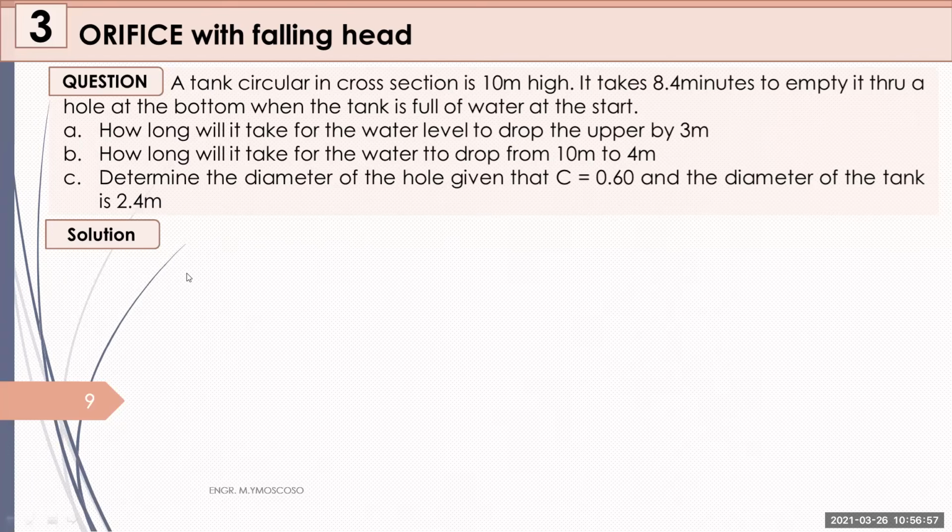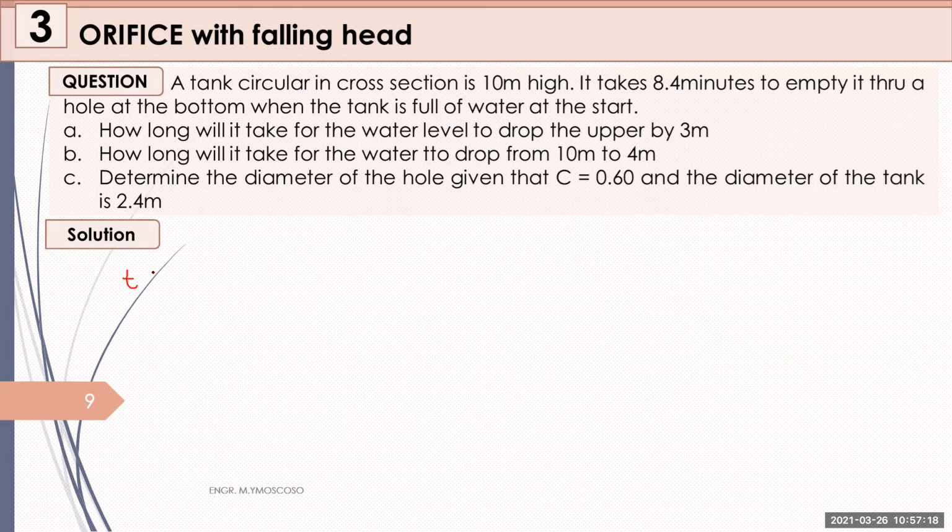Having the given for this problem, have you noticed that we are not given the area of the tank or the area of the orifice? That is why our previously solved work, the formulas that I derived, come in.